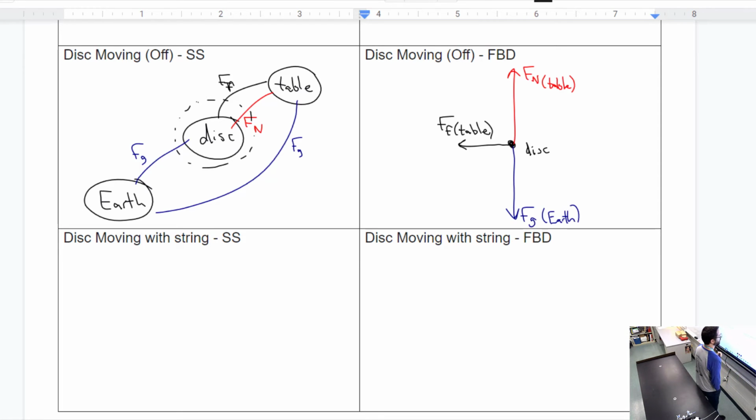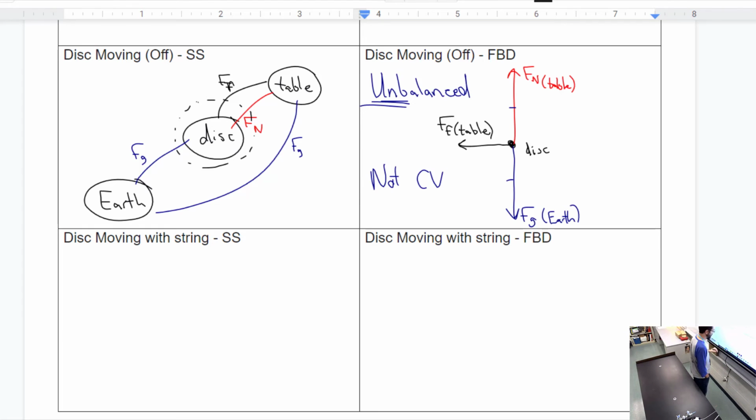On this one, we say it's still balanced vertically. Vertically it's balanced, but horizontally it is unbalanced. And so when it was sliding across the table, the forces were unbalanced, and it was not a constant velocity. Okay, it was unbalanced, and it was slowing down.